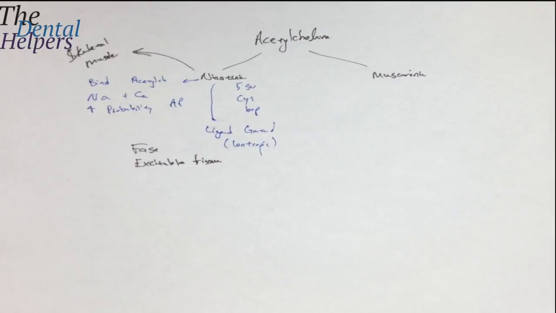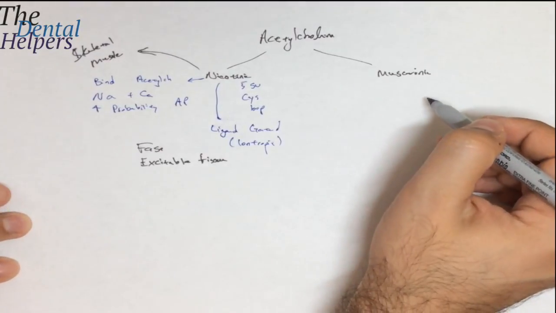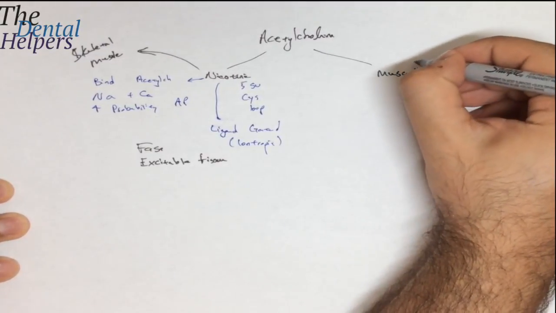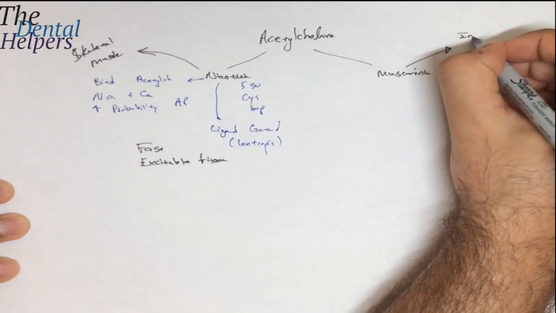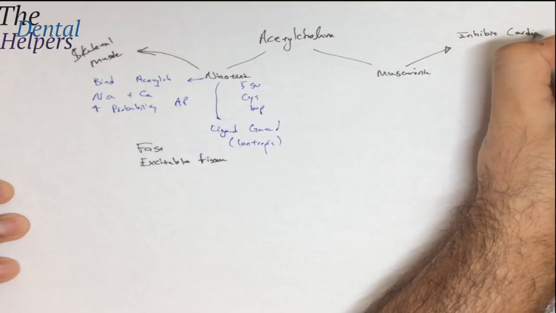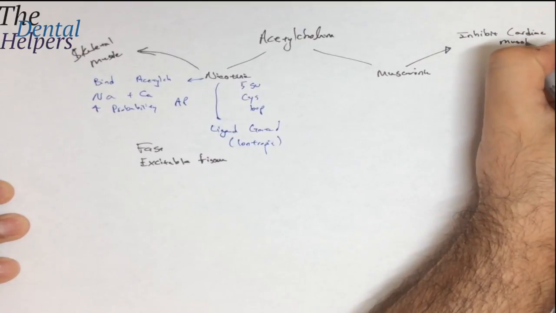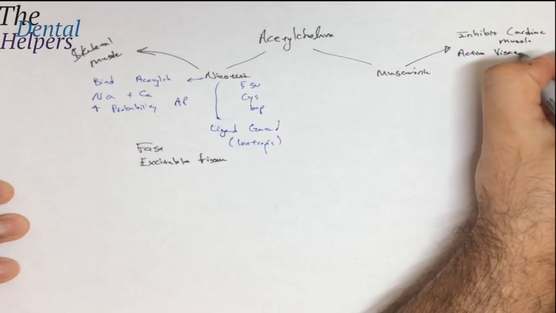And we also know that acetylcholine is usually found at the receptors for the muscles. And so now let's look at the muscarinic. The muscarinic's function is inhibiting cardiac muscle. It's going to activate visceral smooth muscle.